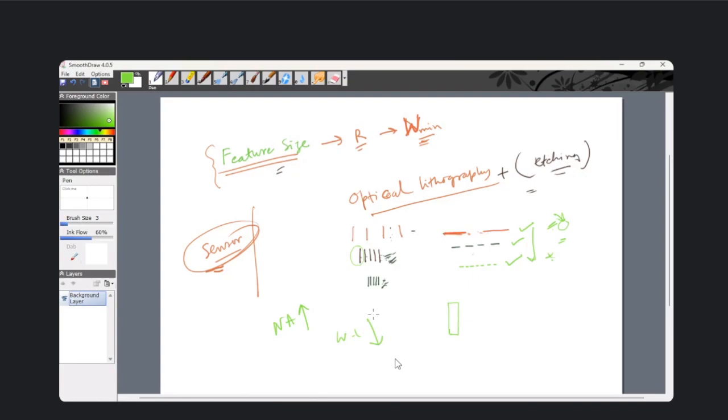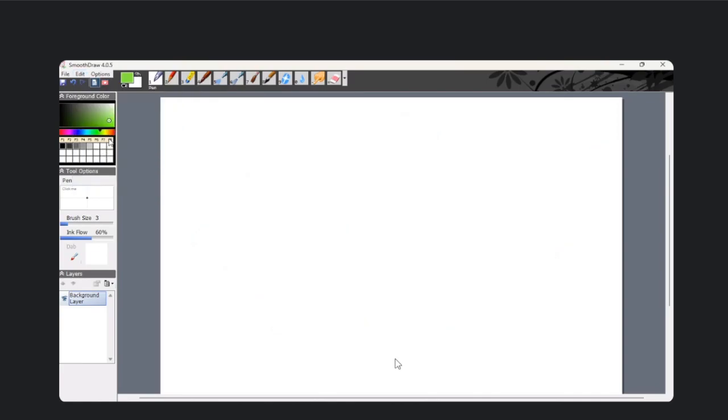That is why people moved from ultraviolet to deep ultraviolet, and nowadays to extreme ultraviolet. This is the main point. Following this line of concept, we can say that probably it would be better if we go for non-optical lithography.